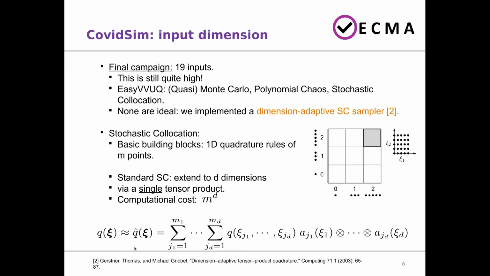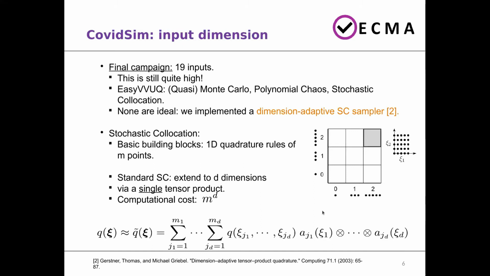The central equation of stochastic collocation is this expansion over here. Your output Q is approximately equal to the stochastic collocation surrogate Q tilde, and that's an expansion over your code output. So this Q over here are these 25 code samples, and these are interpolated to an arbitrary domain by a tensor product of interpolation polynomials.